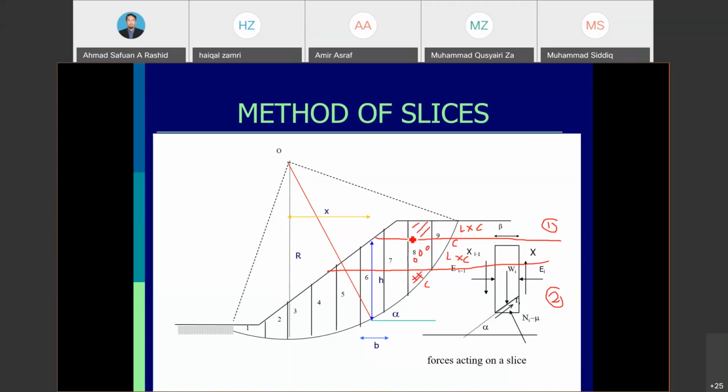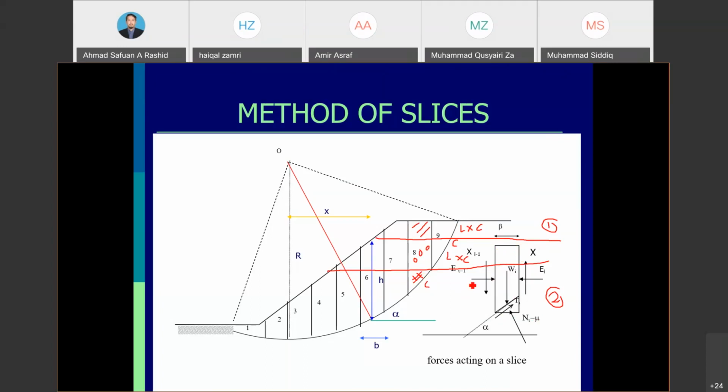We can get the different weights, and then we get the cumulative weight. So just imagine this is one block of slice.